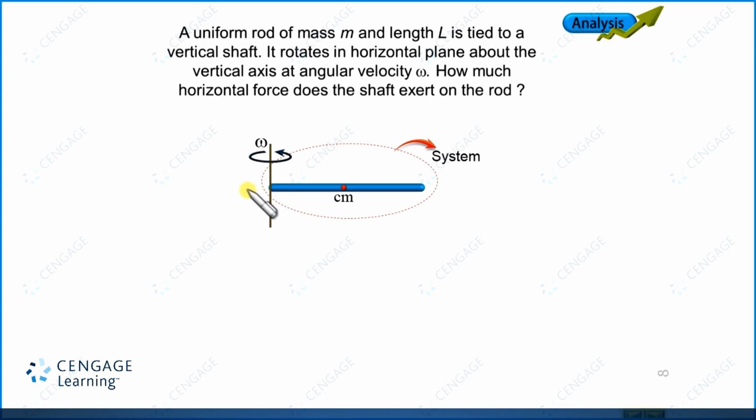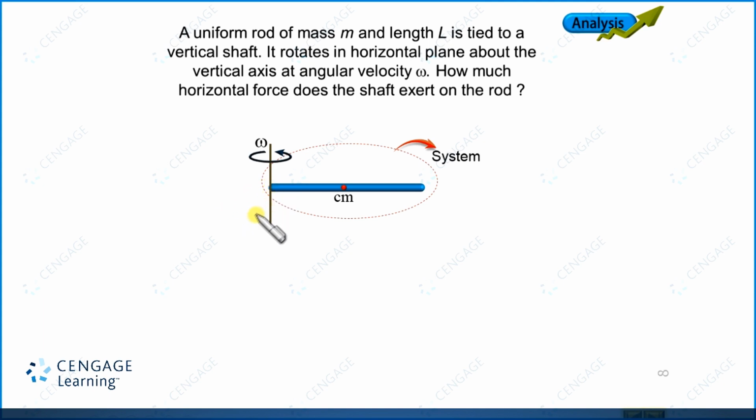As we know, this center of mass is rotating about the shaft. That means it should have a net force, in this situation of the diagram, in the leftward direction. That means the centripetal force should be toward the leftward direction. That means in this situation given in the figure, the net force applied by the shaft on the rod should also be in the leftward direction.